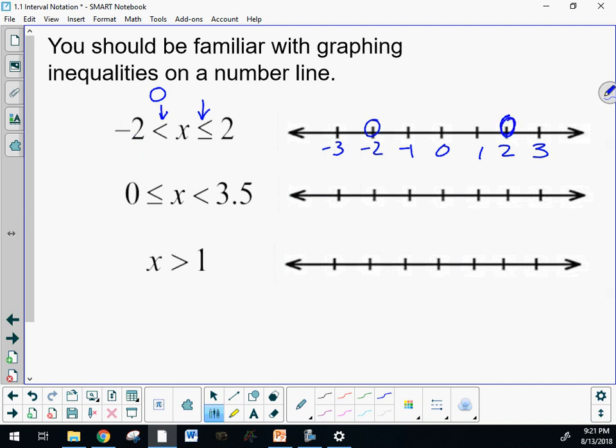So this one would be a filled circle like this. And that means that x could take on the value of 2. And then we would just fill in that area in between. So this is saying that our number, we call it x, has to be somewhere between -2 and +2, and it cannot include that -2.